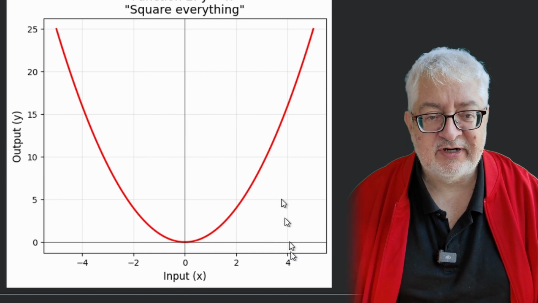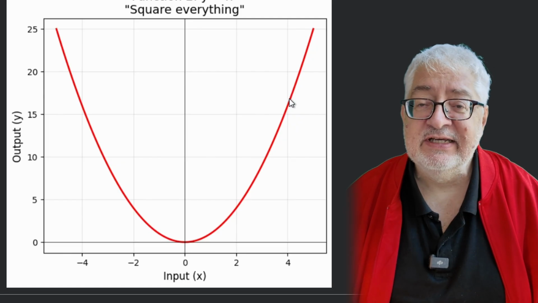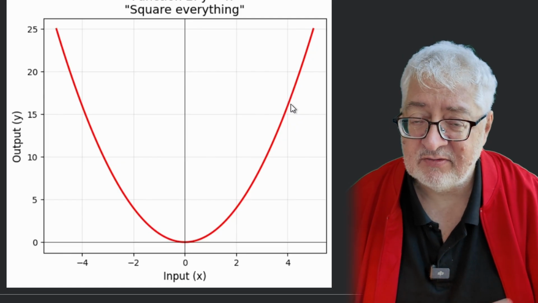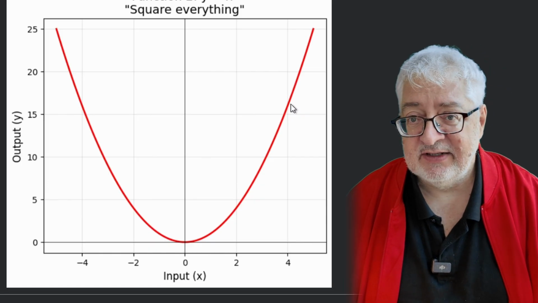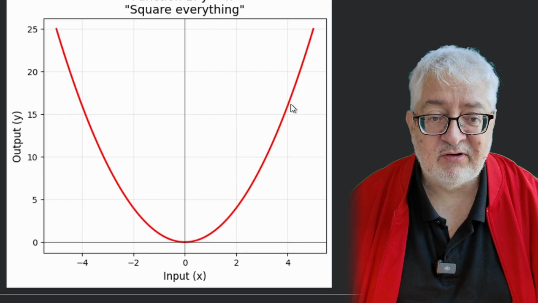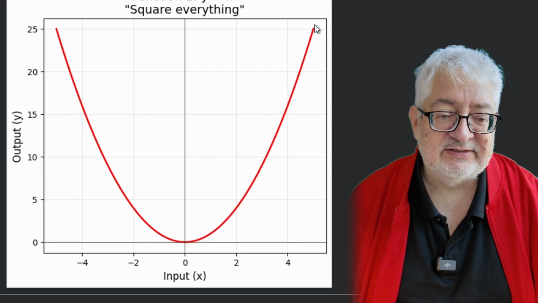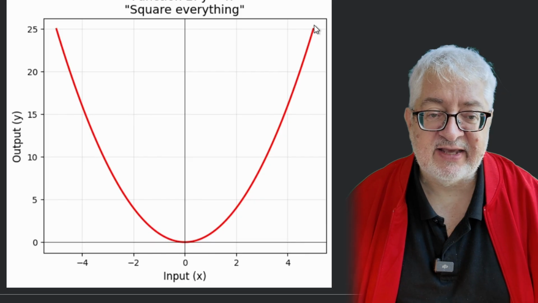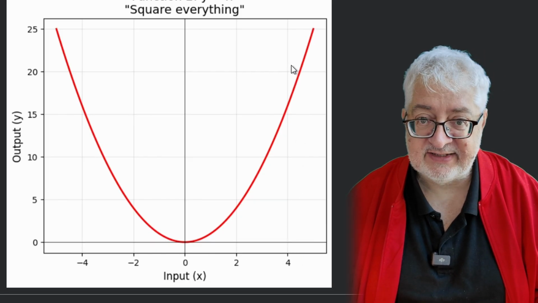And if I have 4, it's 16, and so on. So this grows very fast. At 5, I'm already at 25. At 6, I'm at 36. At 9, I'm at 81. At 10, I'm at 100. So this grows and becomes steeper and steeper, right? And so with very small steps on the x-axis, I'm jumping big amounts on the y-axis.